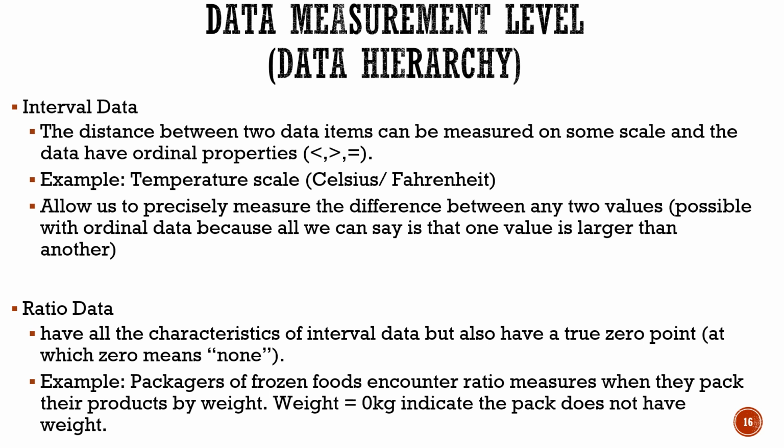Okay, the ratio data here is also quantitative. The difference is that the value of 0 has a certain meaning. For example, 0 kg represents that the pack does not have a weight.